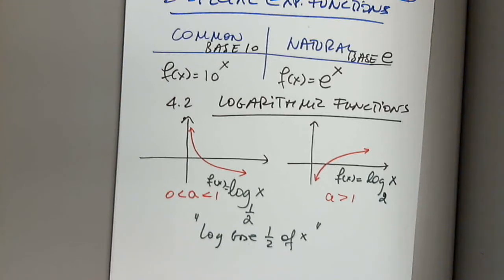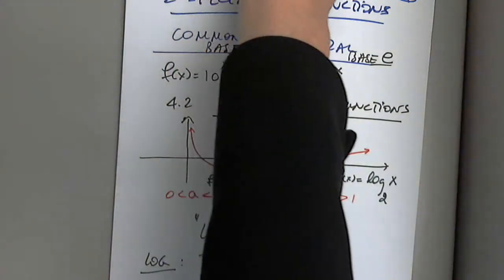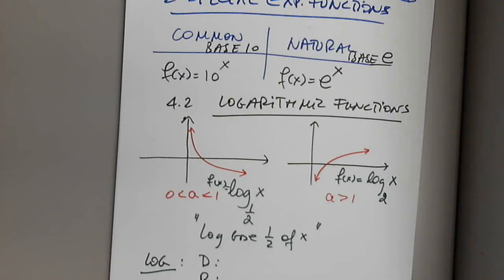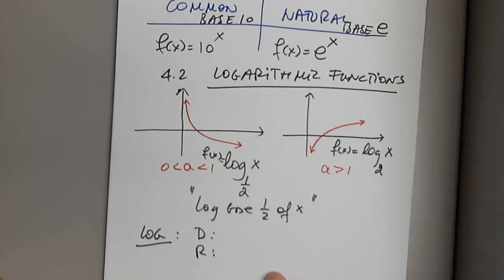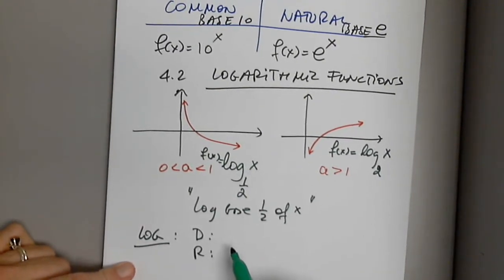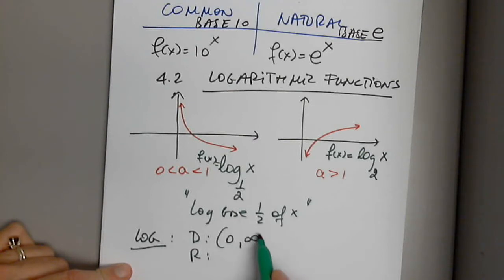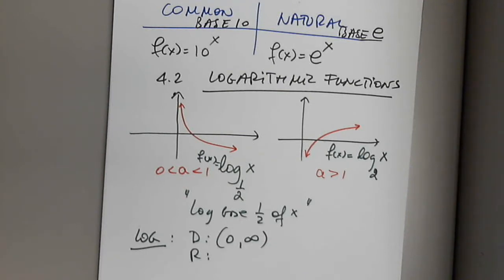Okay, what can we say about the log function? Domain, range, increasing, decreasing, and so on and so forth. What is the domain? Yeah. Careful with this function. It's not friendly in that sense, that it's defined everywhere and I don't have to worry about it. What about the range? Of course.